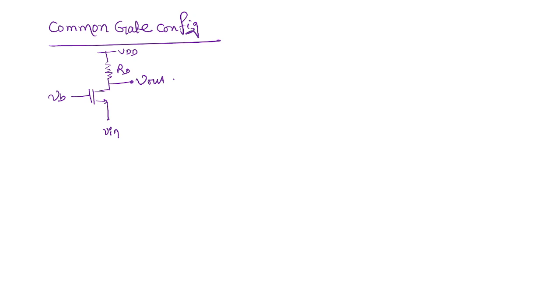Now I'm going to calculate the gain of this configuration, which is common gate. Now let's draw the model of the circuit. Before this I have to remove this VB and make it AC ground, and this also I need to make AC ground. So our circuit will look like this: gate terminal connected to the ground.